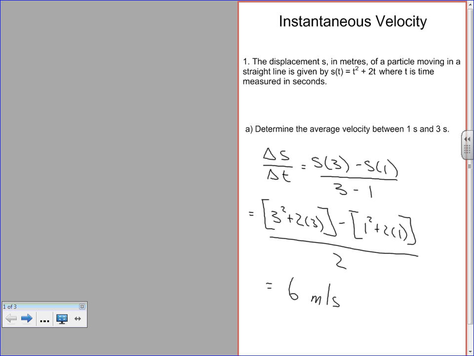If I start to speed and a cop catches me on the radar, he's catching my instantaneous velocity, how fast I'm moving at that particular moment in time. That's what we're going to be doing in today's lesson, because we are going to be able to determine the instantaneous velocity, how fast something is moving at a particular moment in time.